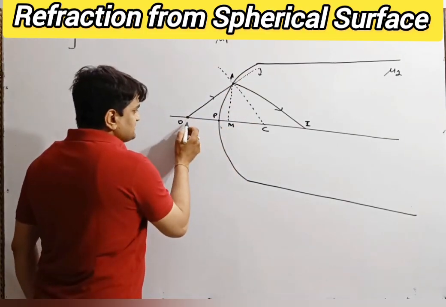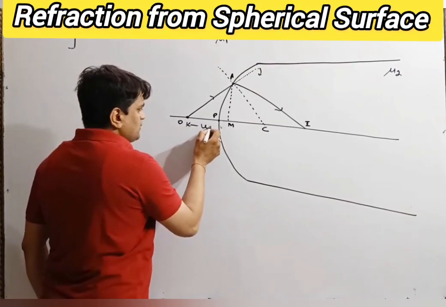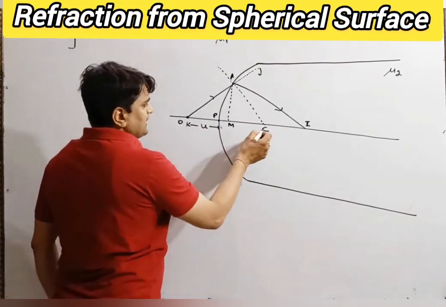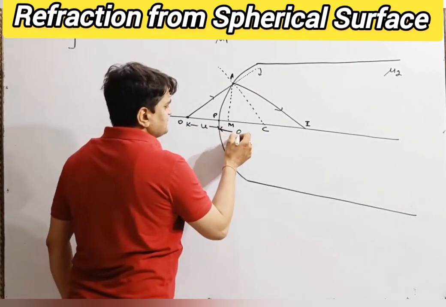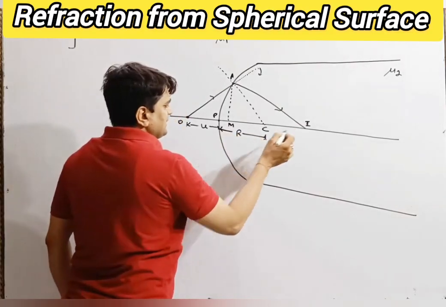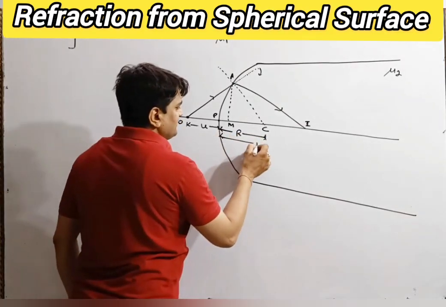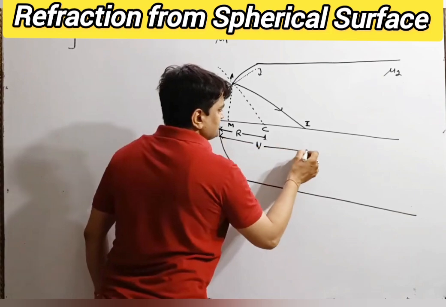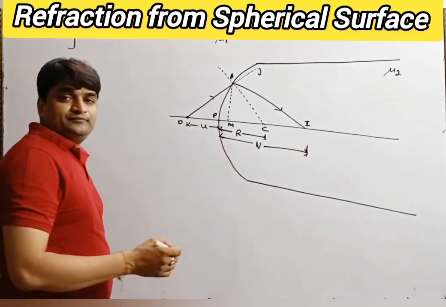Now this is the object distance U, this is the center of curvature, so it will be R, and this is the image distance, so it will be V.